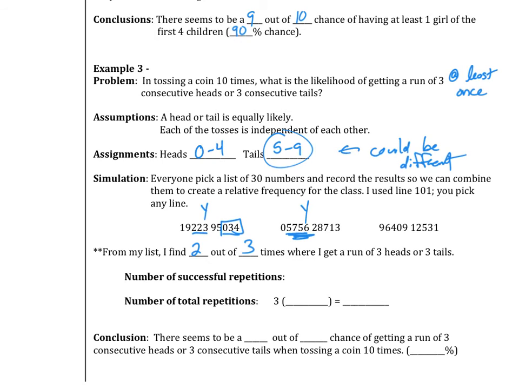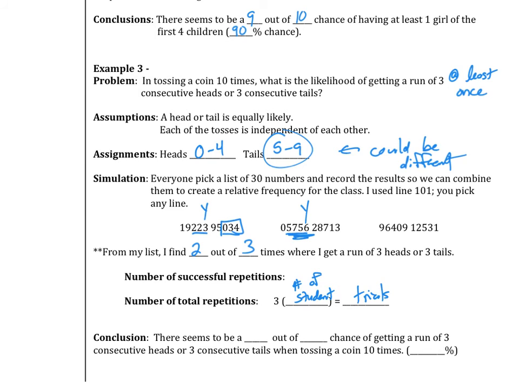So the number of successful repetitions over the number of total repetitions. The total trials would be 3 times the number of students in class, because we each would do this 3 times.